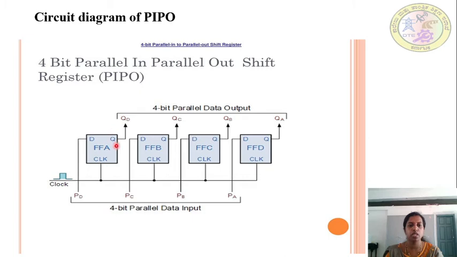That is, the input is shifted to the output and taken as the parallel output of the first flip-flop. The output of the second flip-flop will be stored in QC, the output of the third flip-flop will be stored in QB, and the output of the fourth flip-flop will be stored in QA.